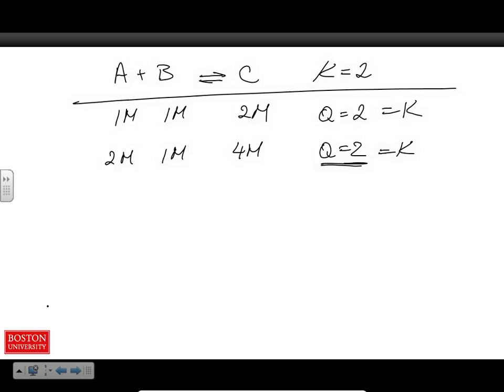We could also have half of a molar of A, 2 molar C, and 1 molar of B. And Q would also be 2, which would also be equal to K, which means we'd also be at equilibrium.